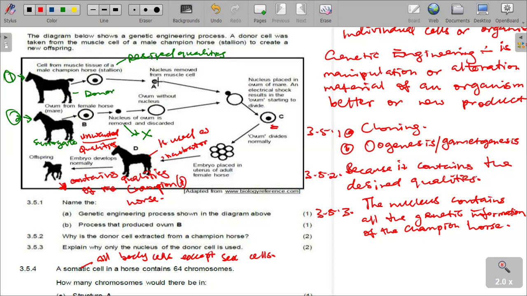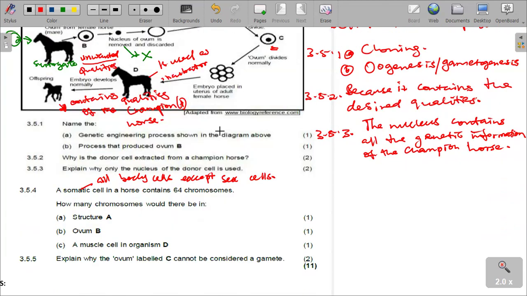Therefore, the nucleus is removed from the muscle cell. So A, the number here, it contains 64 chromosomes because it is a diploid cell. For 3.5.4 A, the number of chromosomes there is 64.